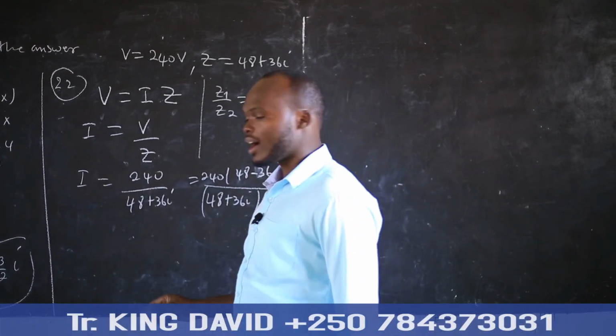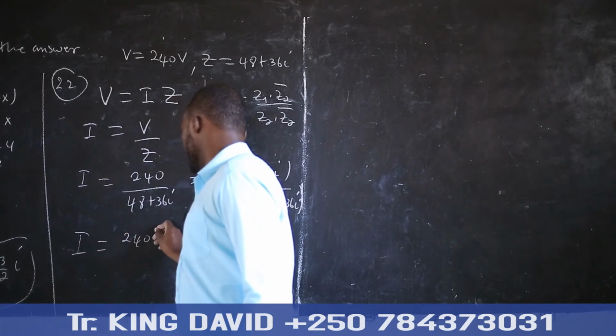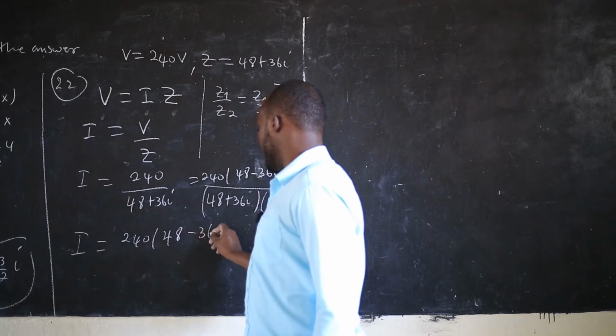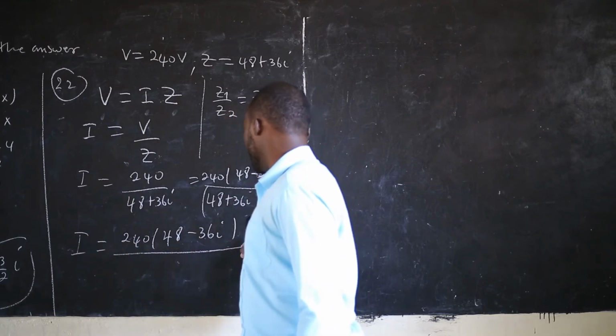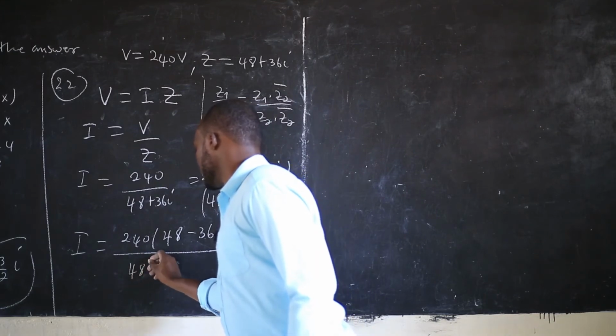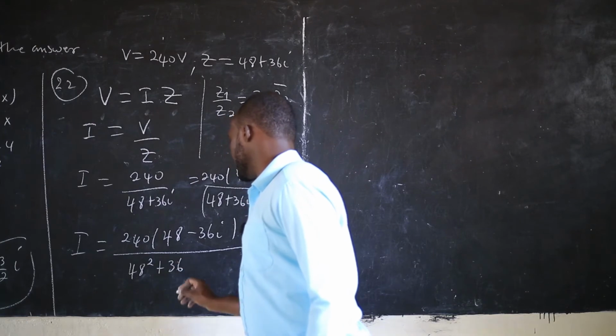So our current will be equal to 240 into bracket 48 minus 36i divided by 48 squared plus 36 squared.